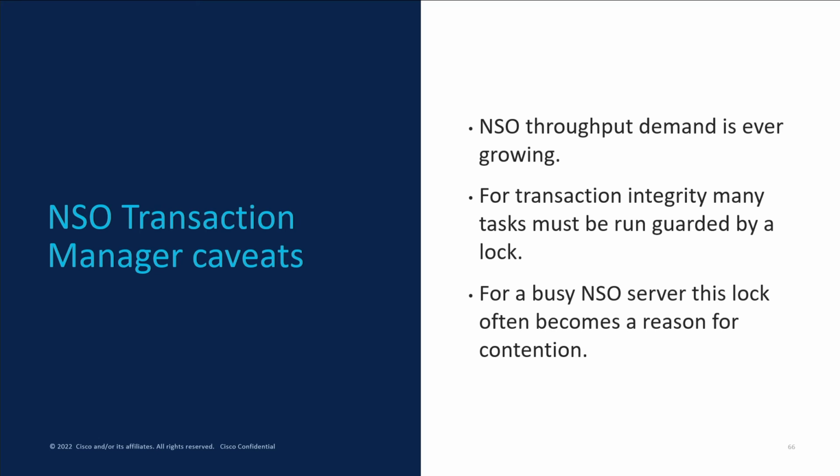So to be correct, if you are in parallel, you need to have some sort of concurrency control, and that is what this transaction manager has also. But it does it by guarding the part which is necessary to be consistent in a lock.